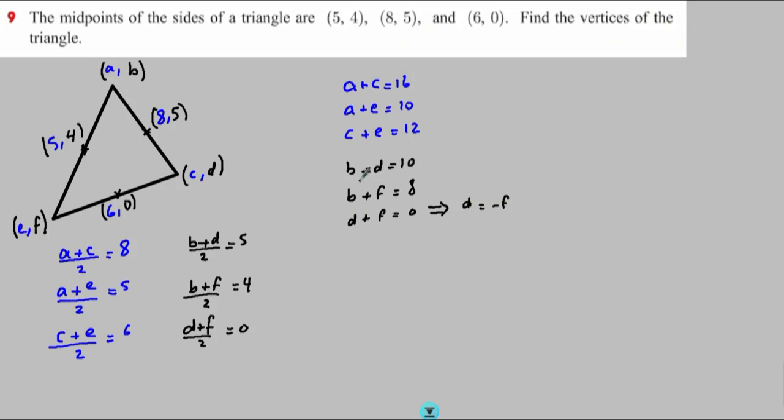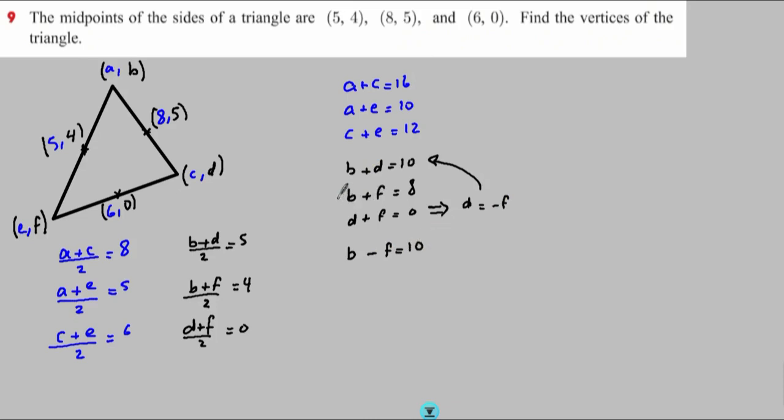Now we notice that we have 3 simultaneous equations and 3 unknowns, in this case A, C and E, and 3 simultaneous equations and 3 unknowns, in this case B, D and F. But our first clue is that D equals negative F. So we can take this and substitute it in this equation. So it becomes B, and instead of plus D, we have minus F equals 10.